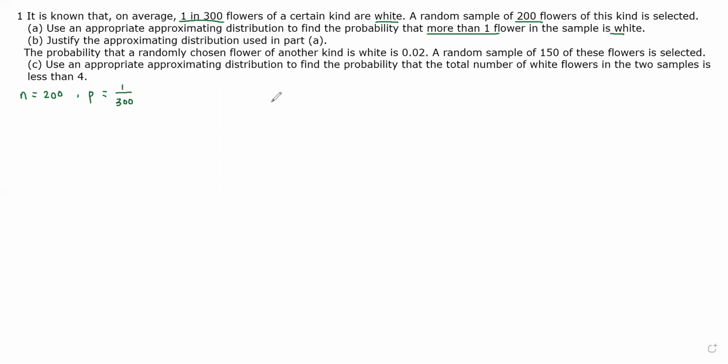This is actually a binomial distribution, and we can approximate it by a Poisson distribution, since n equals 200 is large and the probability of success is small. We can let X be the number of white flowers.